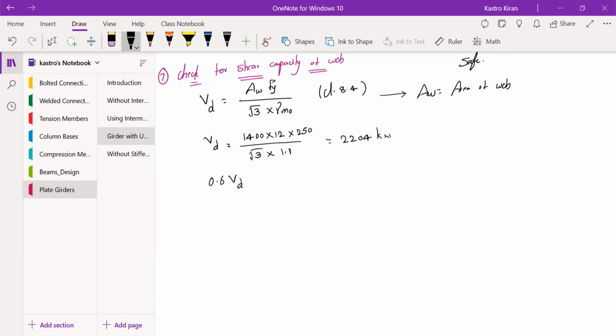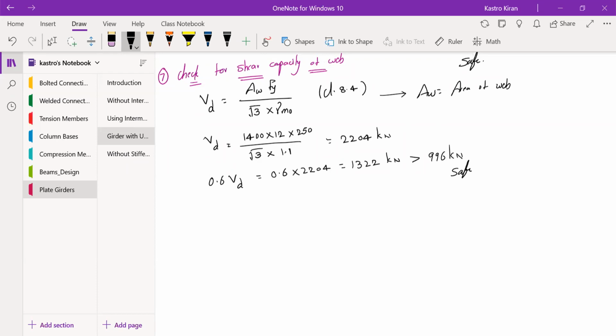So 0.6 into VD, which is 2204 kilonewtons, will be 1322 kilonewtons. Remember, this value must be greater than the maximum shear force obtained. The maximum shear force was 996 kilonewtons, which is again safe.